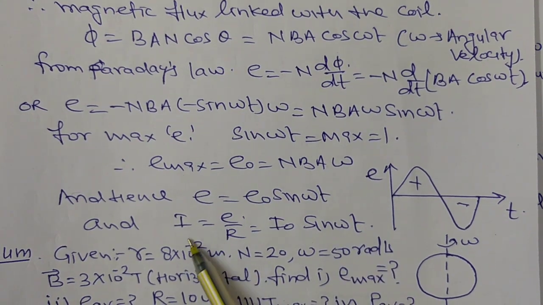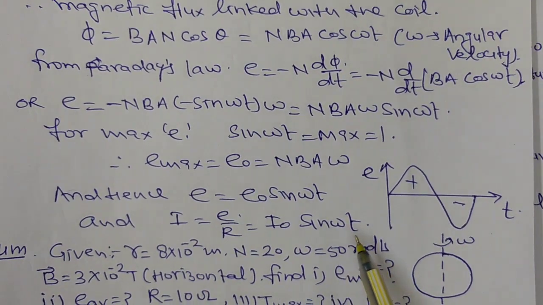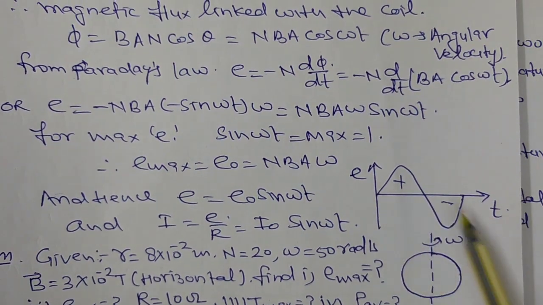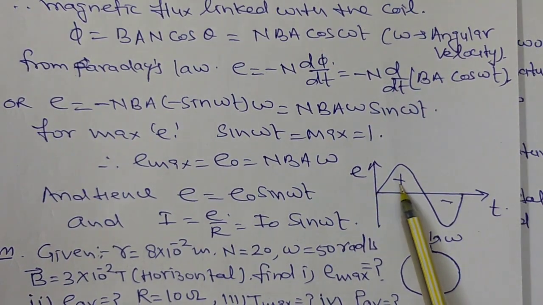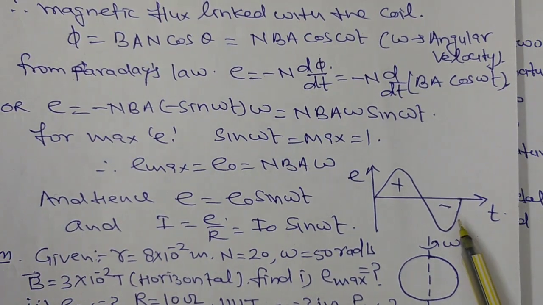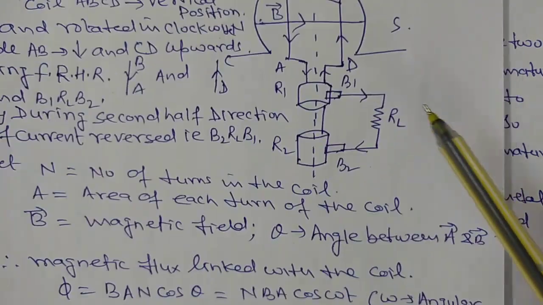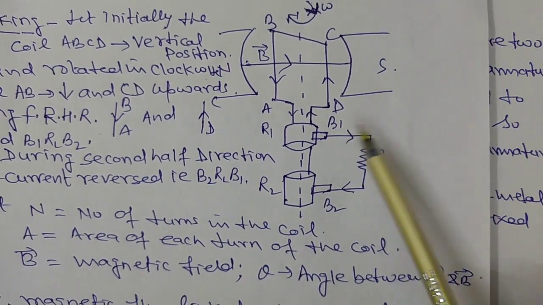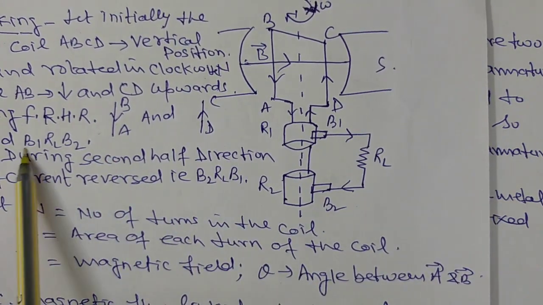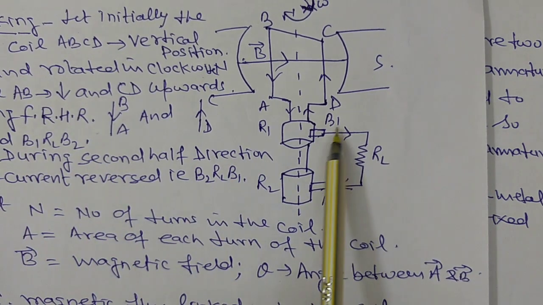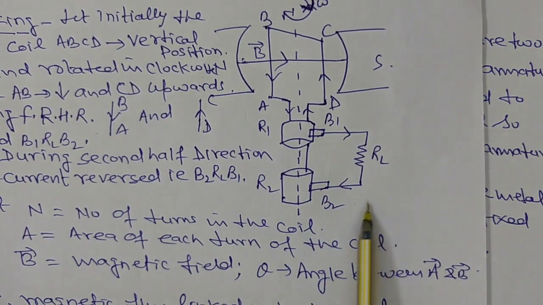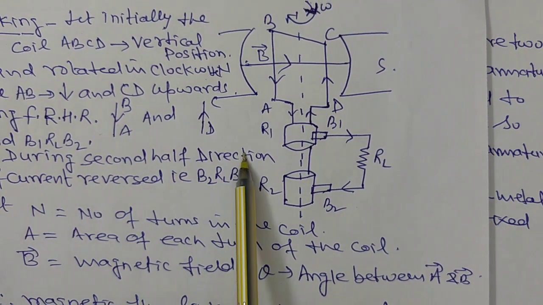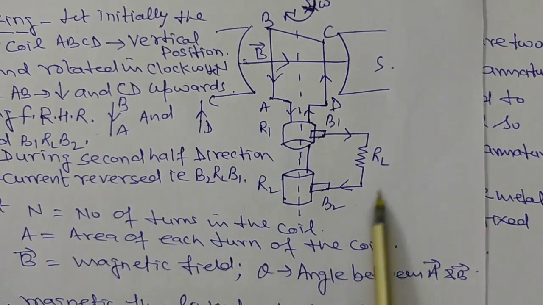So this is induced current, and the variation of this induced EMF with the time is like this, and this is positive half cycle, and here negative half cycle, because here the direction of induced current during the first half cycle is B1 RL B2, but during the second half cycle the direction of current is reversed.